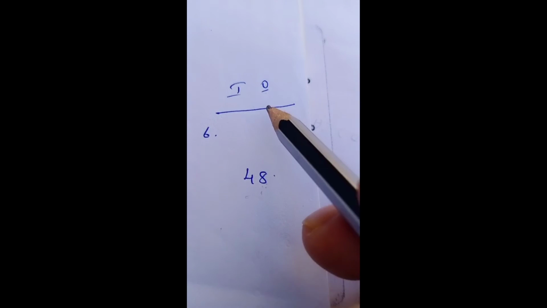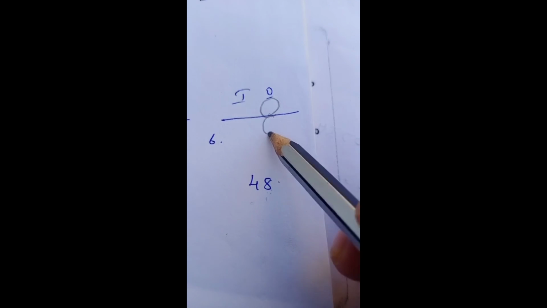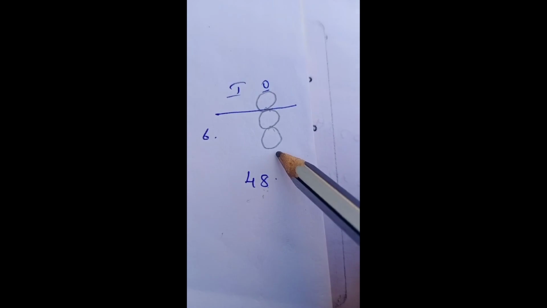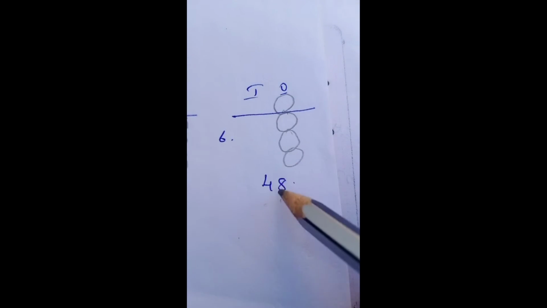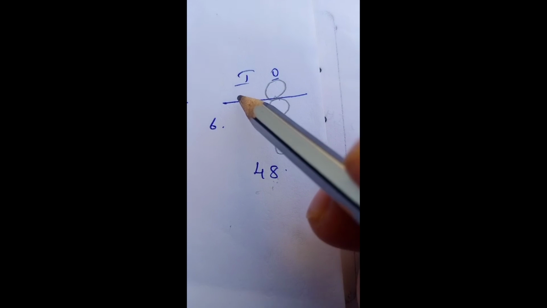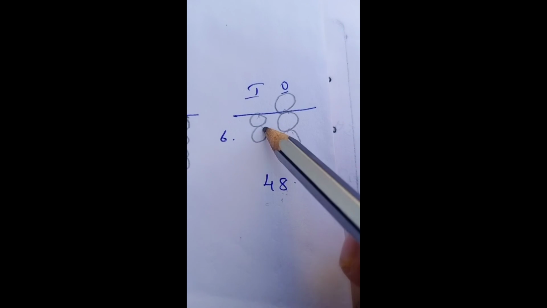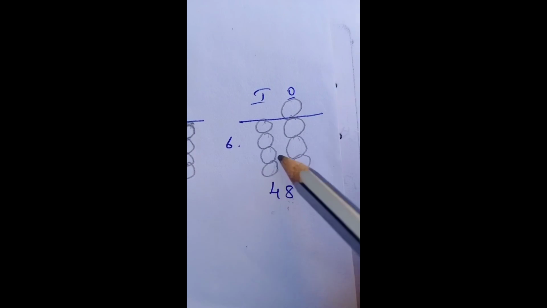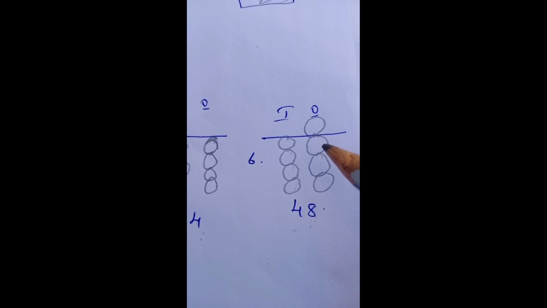So we draw 8 at the ones place: 1 upper bead, 1, 2, 3 lower beads. Here what is the given value at the tens place? 4. So here we draw 1, 2, 3, 4. Total 48. Thank you for watching.